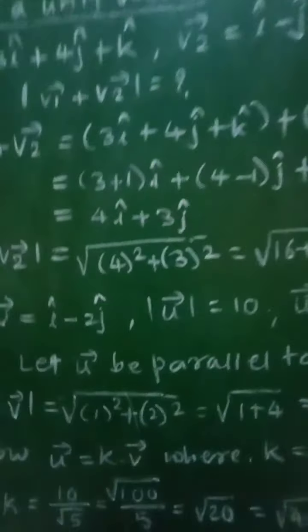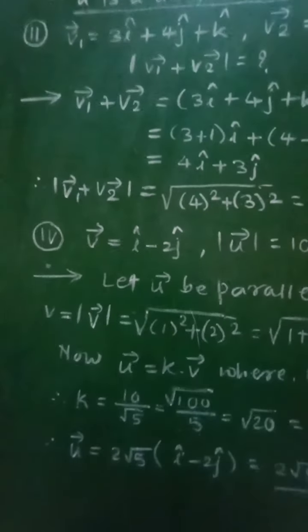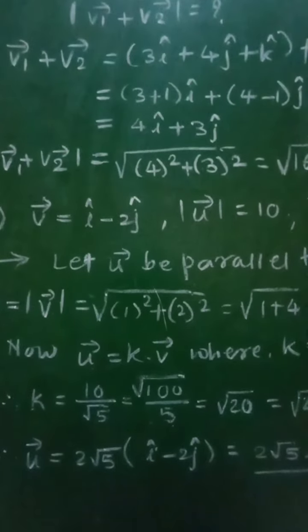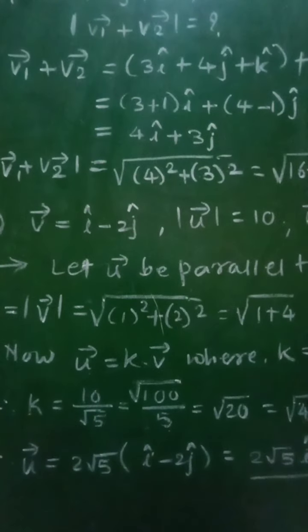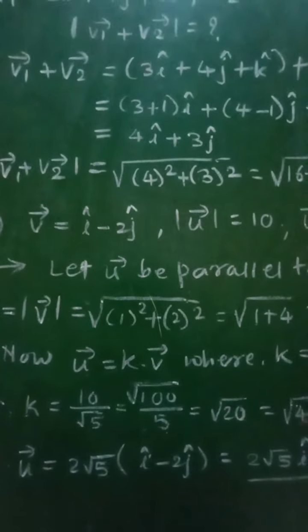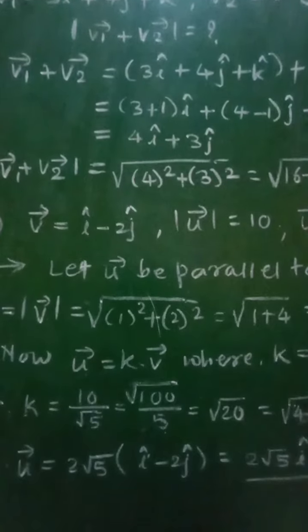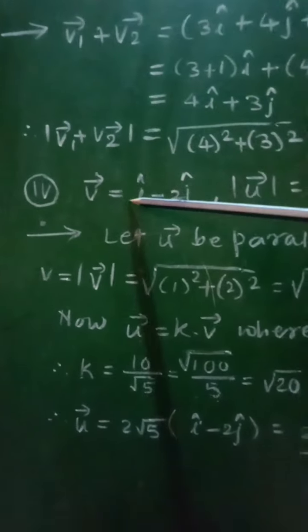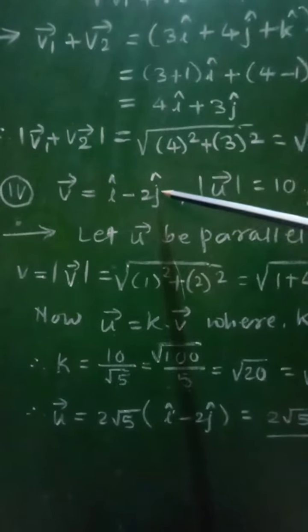And now let us go for numerical number 4, which is given as: find a vector which is parallel to vector v equal to i cap minus 2j cap and has a magnitude 10. In this numerical the given data is vector v is equal to i cap minus 2j cap.